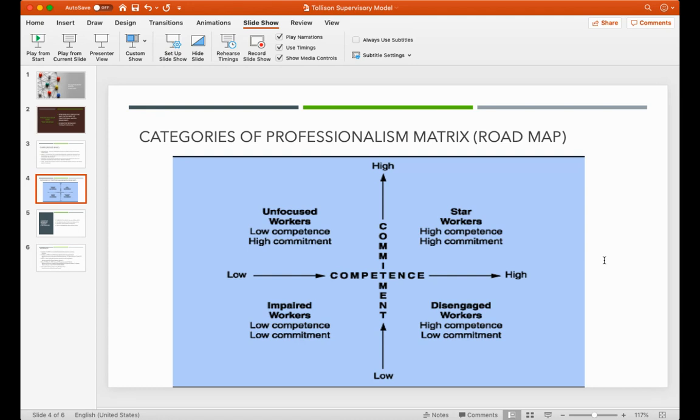I personally believe that we never arrive and know everything, so we're always growing and learning. But ideally, we would be in quadrant 1 and be able to implement the job by the end of the supervision.